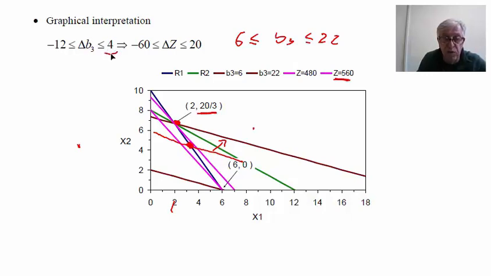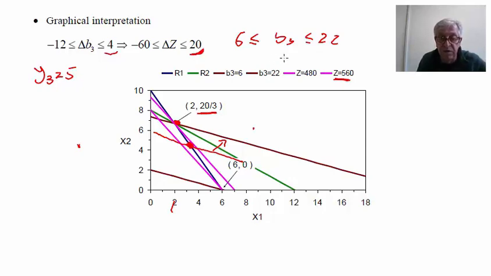But we saw that the shadow price of this resource is 5 euros. So 5 multiplied by 4 is 20. This is the variation of z if we move the availability from 18 to 22.